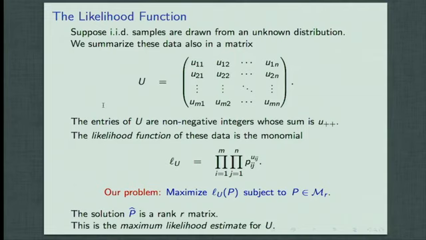Moreover, I'm going to focus here today on discrete random variables rather than Gaussians or continuous distributions. But again, the same kind of question makes sense for Gaussian models, and there are also similar algebraic approaches. So I'm going to focus on this problem. I'm going to write p hat for the solution.